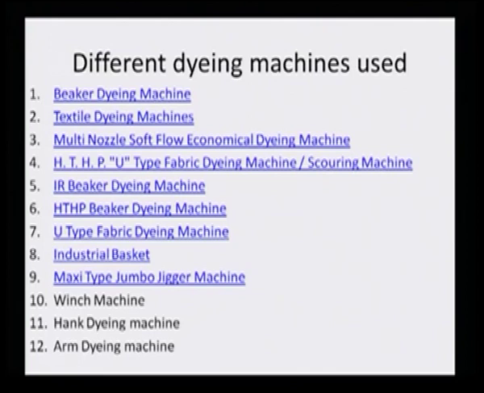But I had earlier meant two machines very exclusively, that is the jigger machine and the winch machine. Jigger machine is a very age old technology, primarily used for conventional dyeing from a very old time, and winch machine is meant for very soft kind of fabric.